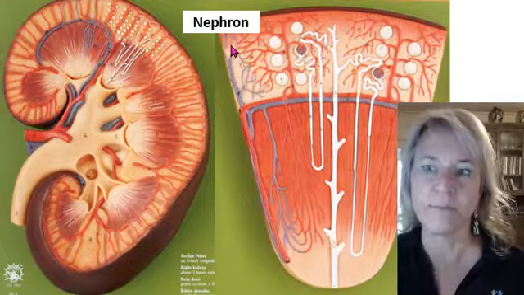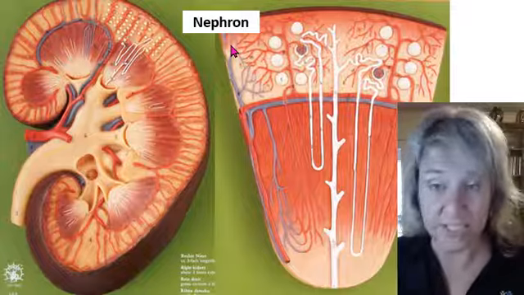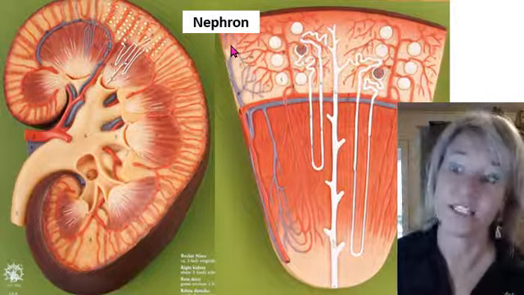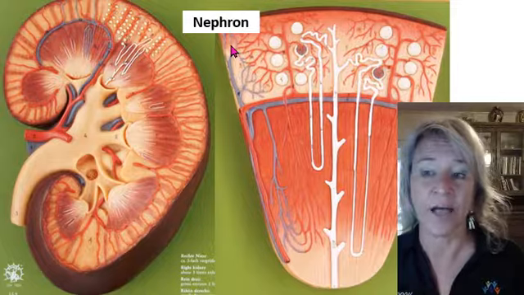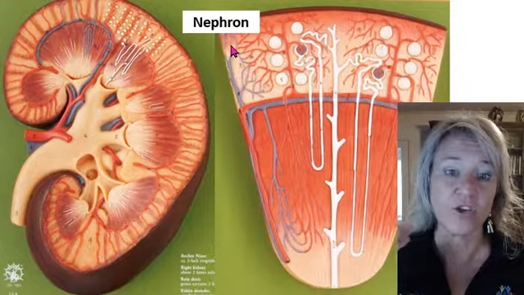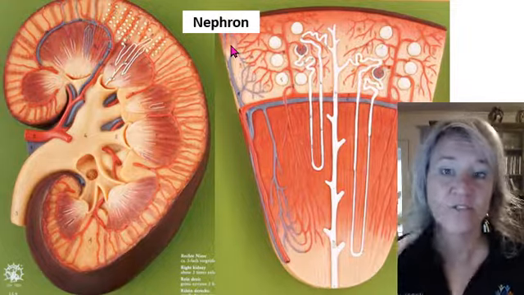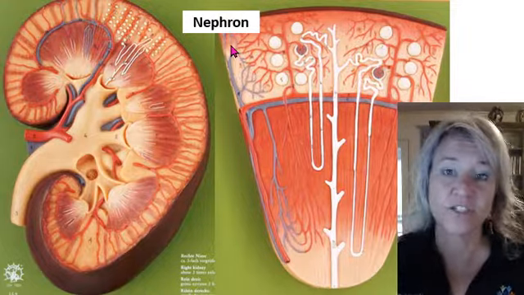So each kidney is made up of 1 million nephrons, and the nephrons are the functional units of the kidney. The nephrons are what do all those 5 functions of the kidney. It's really the nephrons that are making the urine. Nephrons are the functional units of the kidney.